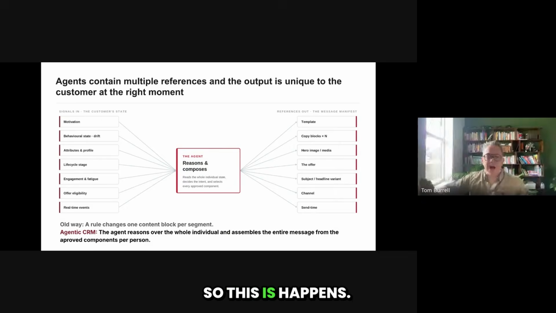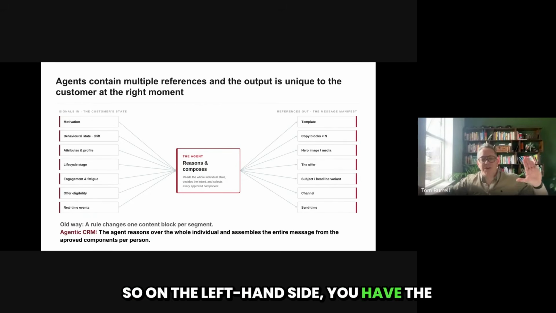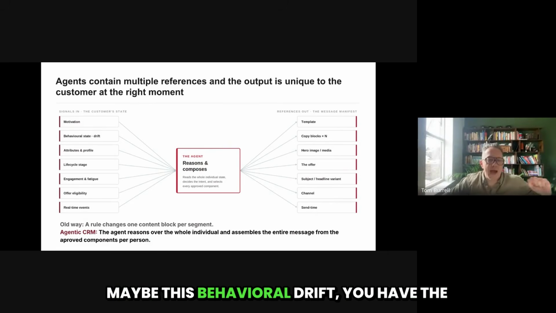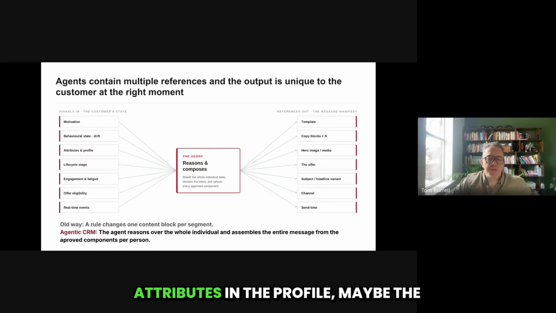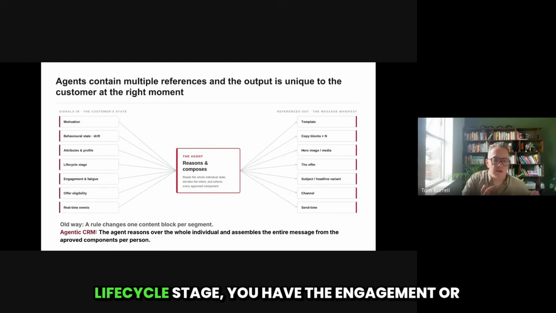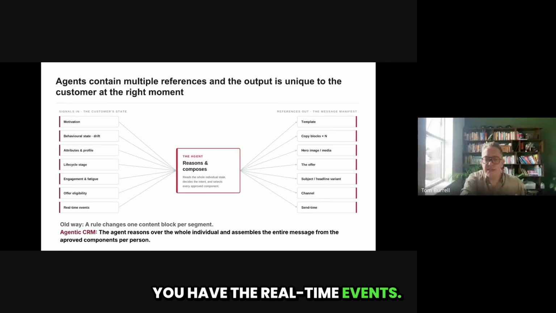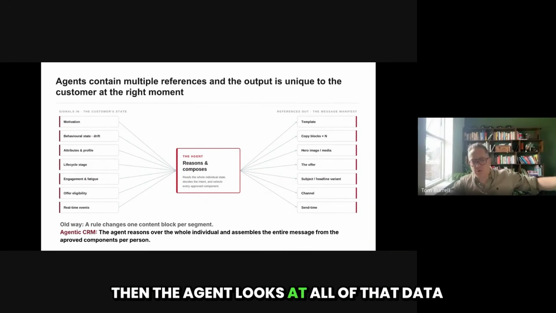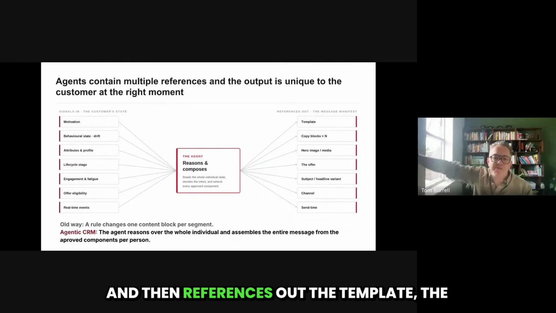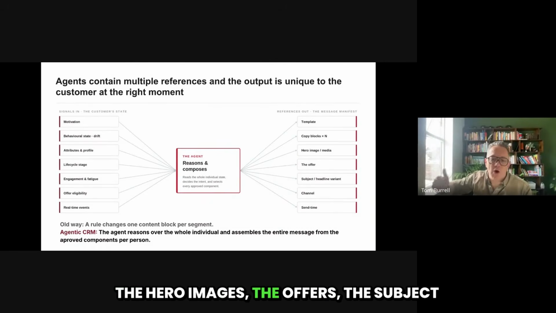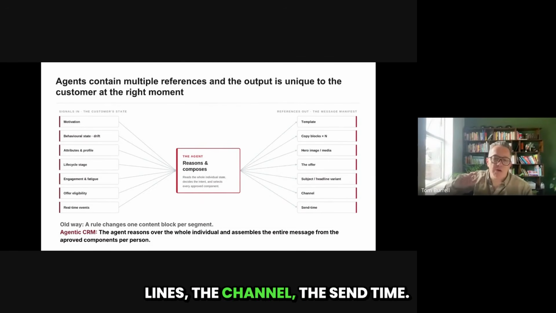And so this is what happens. On the left-hand side, you have the customer state: the motivation, maybe this behavioral drift, the attributes and the profile, maybe the life cycle stage, the engagement or fatigue, the offer eligibility, the real-time events. Then the agent looks at all of that data and references out the template, the copy blocks, the hero images, the offers, the subject lines, the channel, the send time.